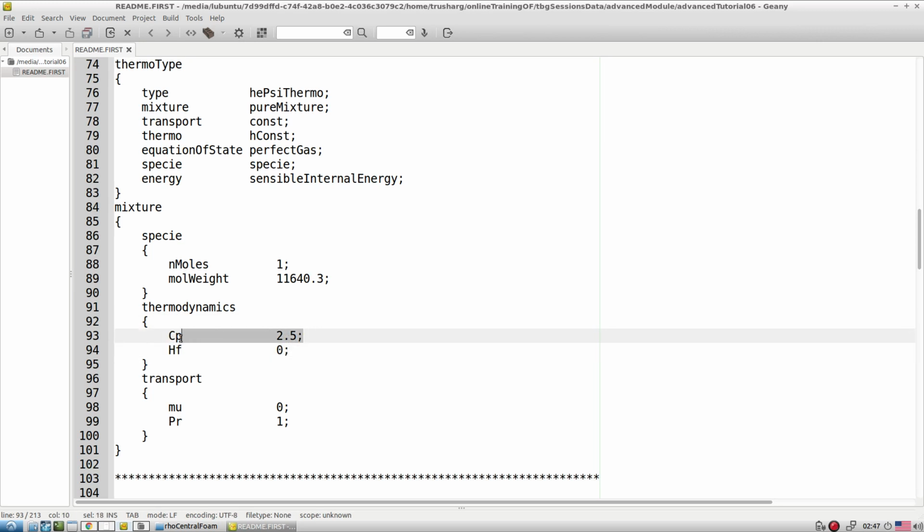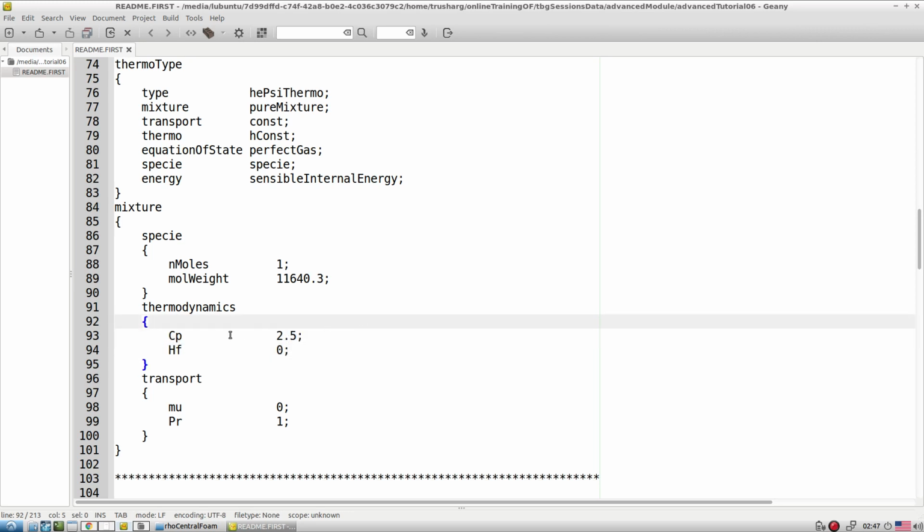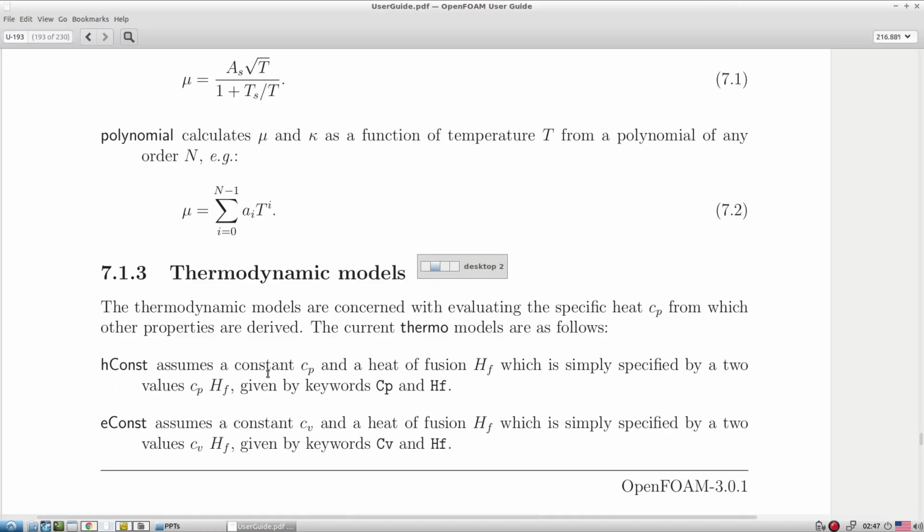Why are they required? Because when you are working with enthalpy or internal energy, based on that you can switch the Cp part, and from that we can derive the temperature, because we are not directly solving for temperature, we are solving the energy equations. So that is what we have there. Then E constant assumes a constant Cv and heat of fusion, which is simply specified by these two keywords.